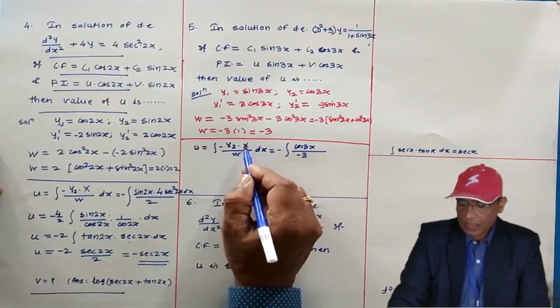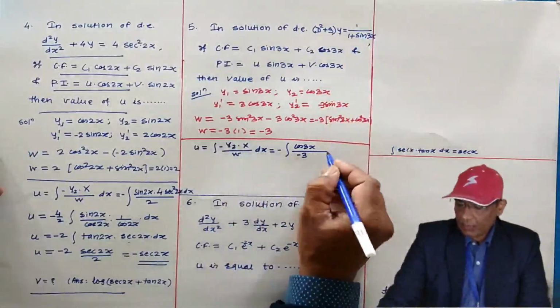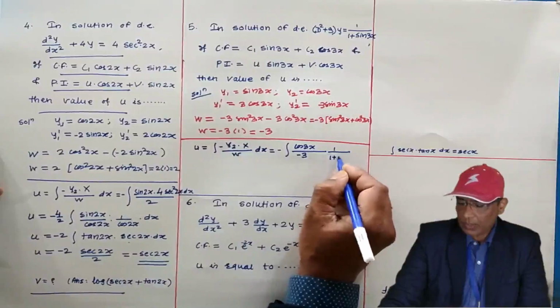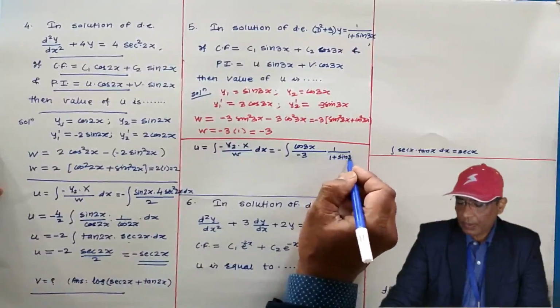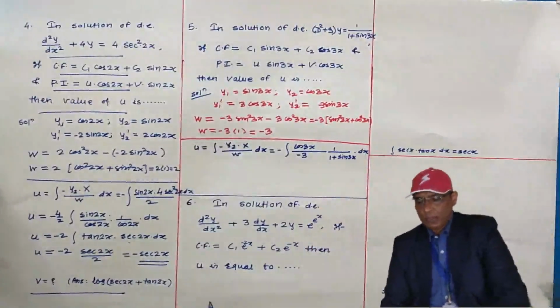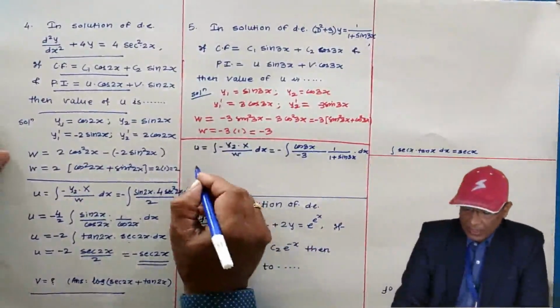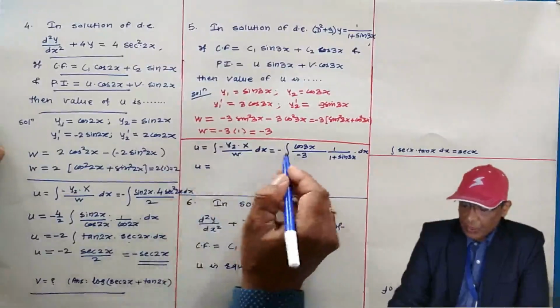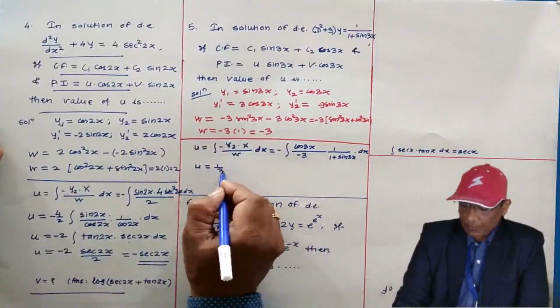What is X? X is the right hand side, that means 1 by 1 plus sine 3x. Now, if you look at this integral very carefully, minus minus plus 1 by 3.